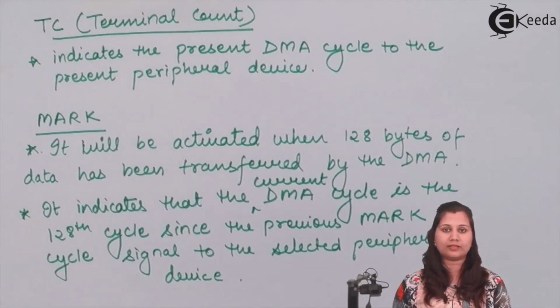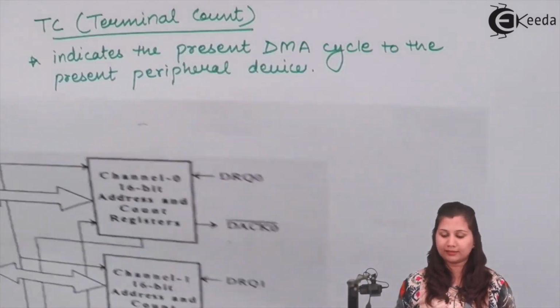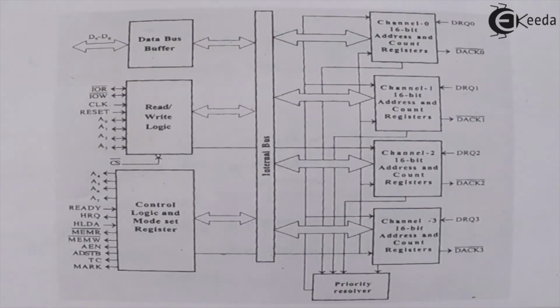Then again it will start from the first byte, transfer 1 to 128, and then again the mark signal will be generated. So these terminal count and mark signals are used to indicate the DMA cycles which are currently going on.